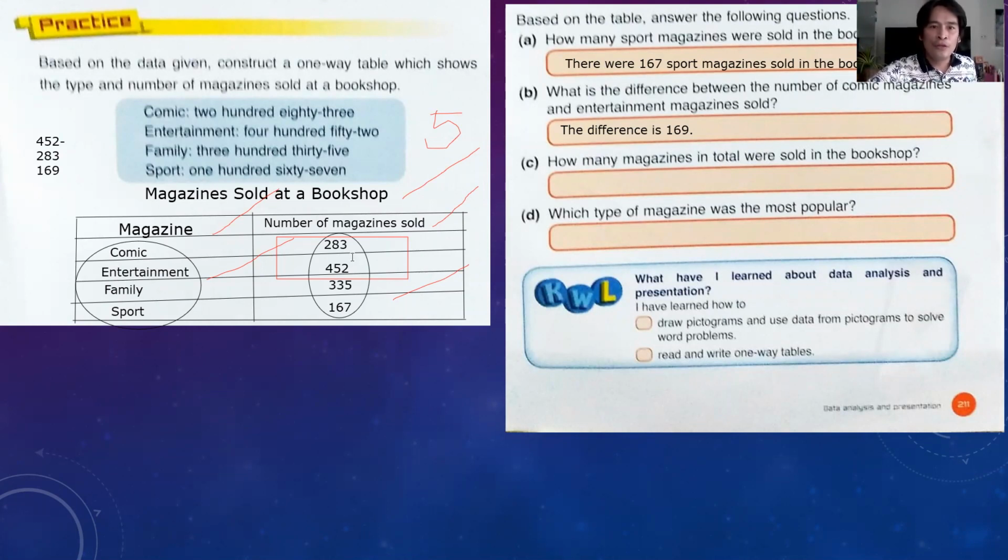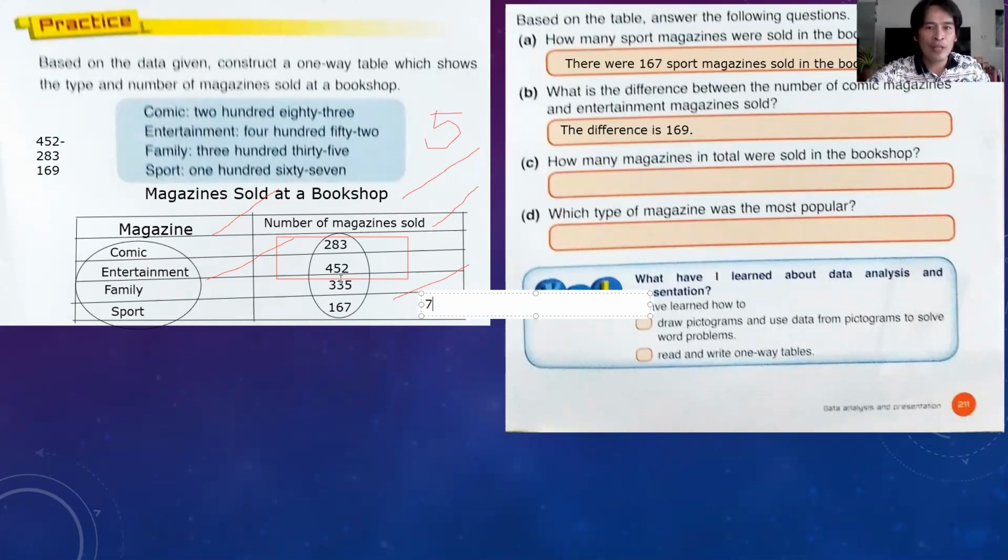Here. 3 plus 2 is 5, plus 5, 10. 10 plus 7 is 17. So 17, I'm going to write here. Carry 1. 1 plus 8, 9. Plus 5, 14. Plus 3, 17.